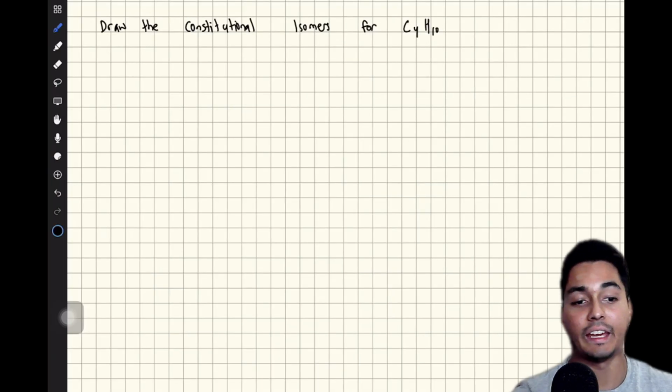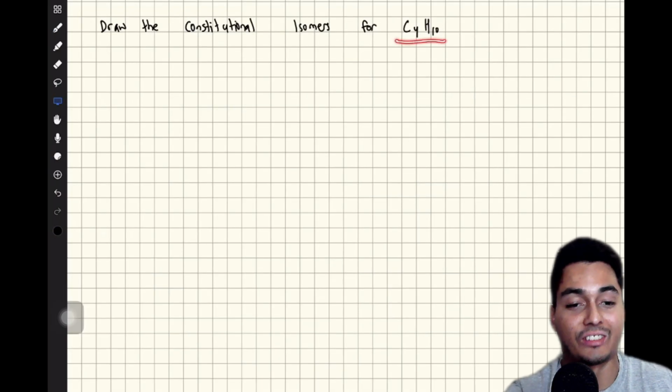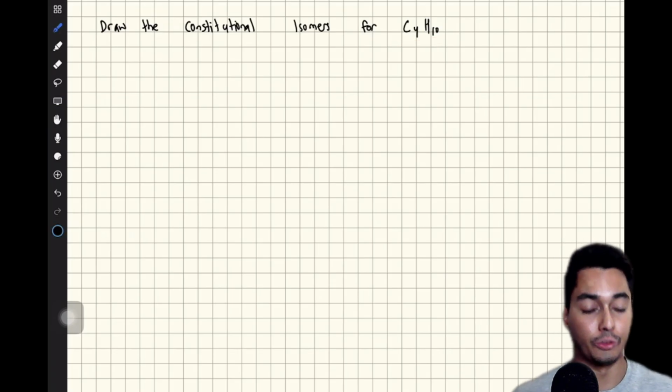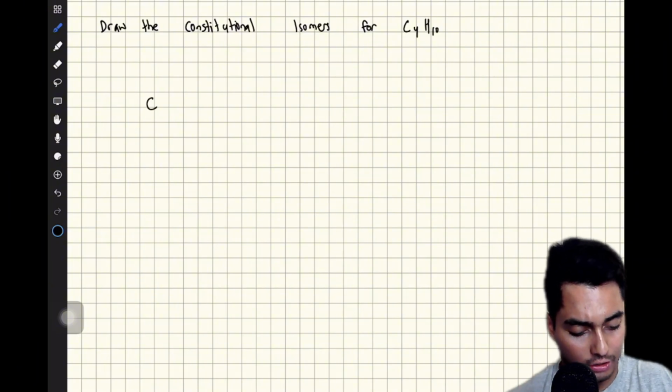Okay, next we're going to draw the constitutional isomers for the molecule with the formula C4H10. Okay, so we're going to go ahead and do the algorithm method one more time, but if you want, we can guess and check because this one only has a couple here. So I'm going to start by drawing our linear formation here with C4 in a straight line like so.